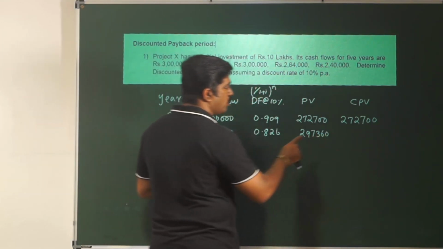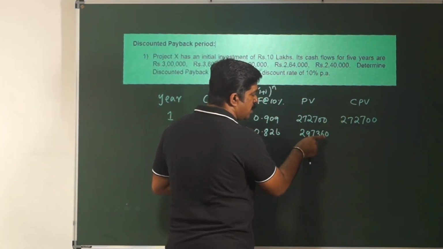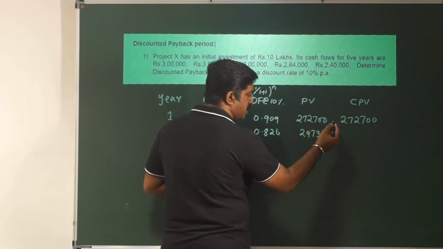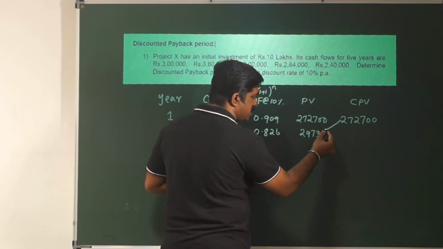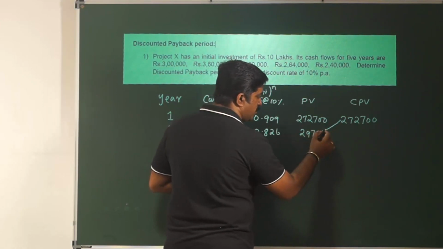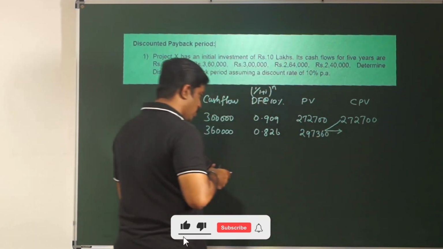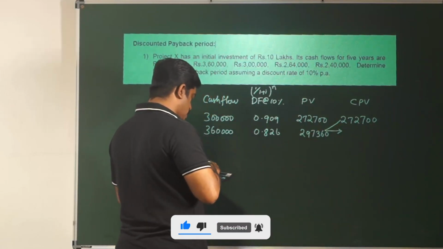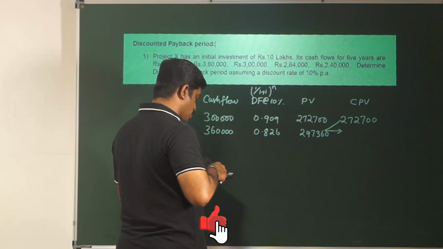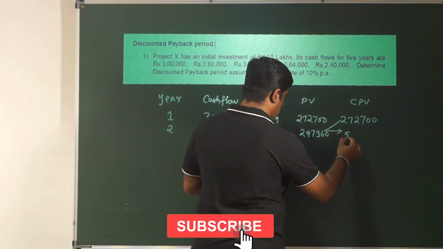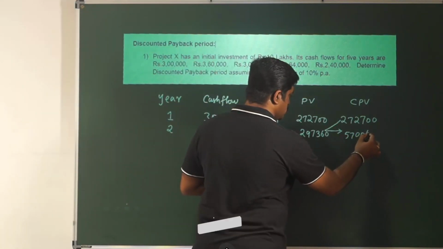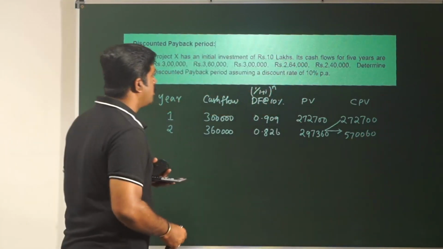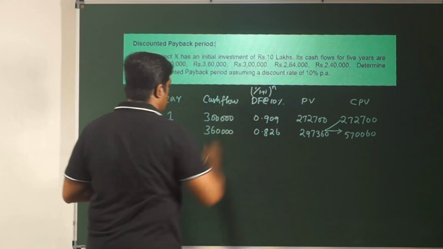Now we have to find the cumulative present value, which is the cumulative present value up to the previous year plus the present value of the current year. So if we add 297,360 plus 272,700, we get 570,060. So up to year 2, what was recovered is 570,060, but our focus is recovering 10,100,000.